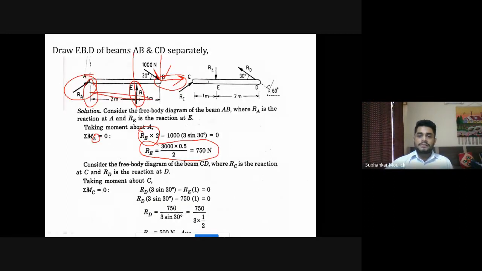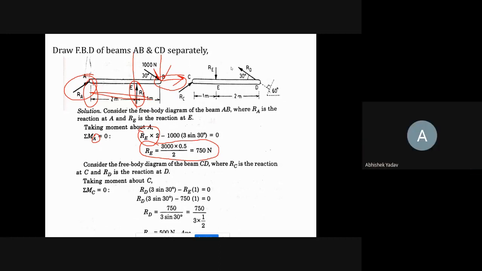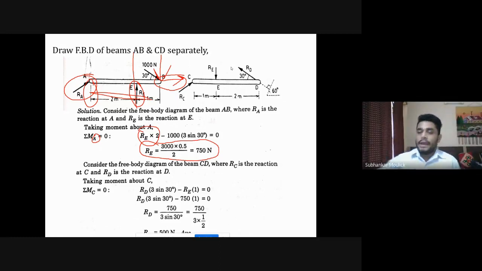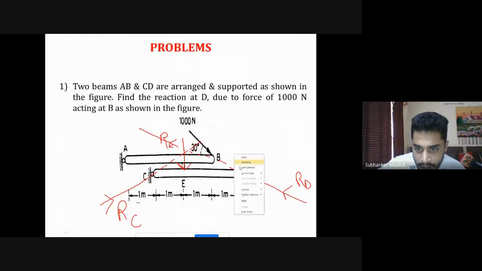See, RC, RE, RD. Is it clear? FBD of beam CD? Fine. Okay. So now if I just extend this line, this is a triangle. I know that this angle is 90 degree. This is 60 degree.